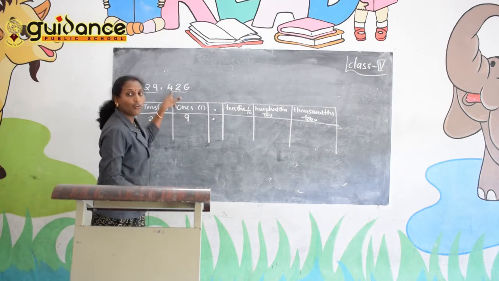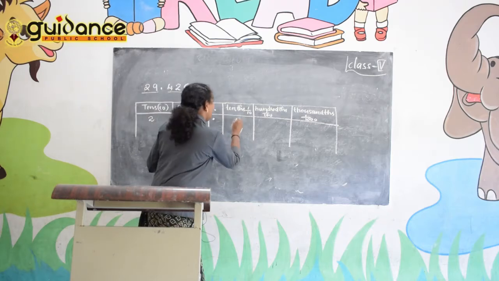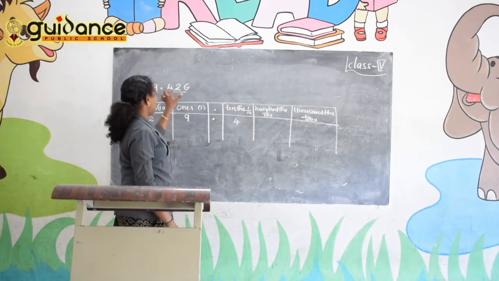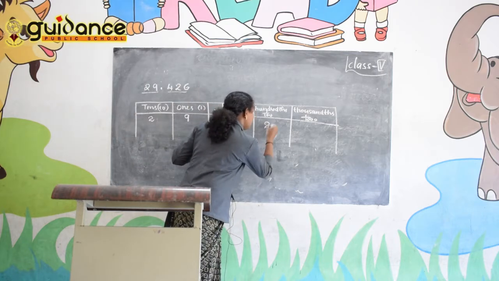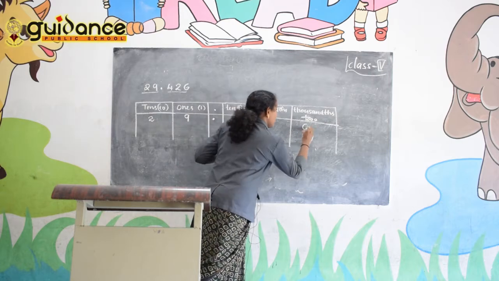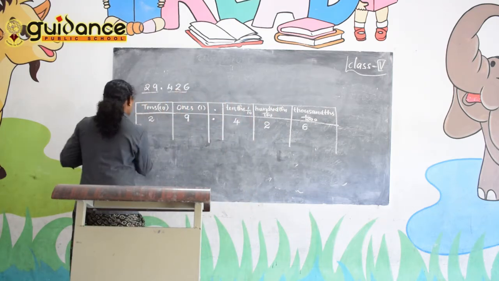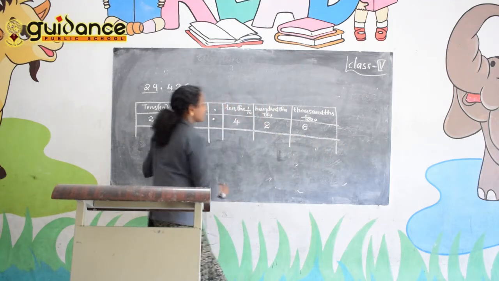Then 4 is in the 1 by 10th place. The next, 2 is in the hundredths. Then 6 is in the thousandths place.